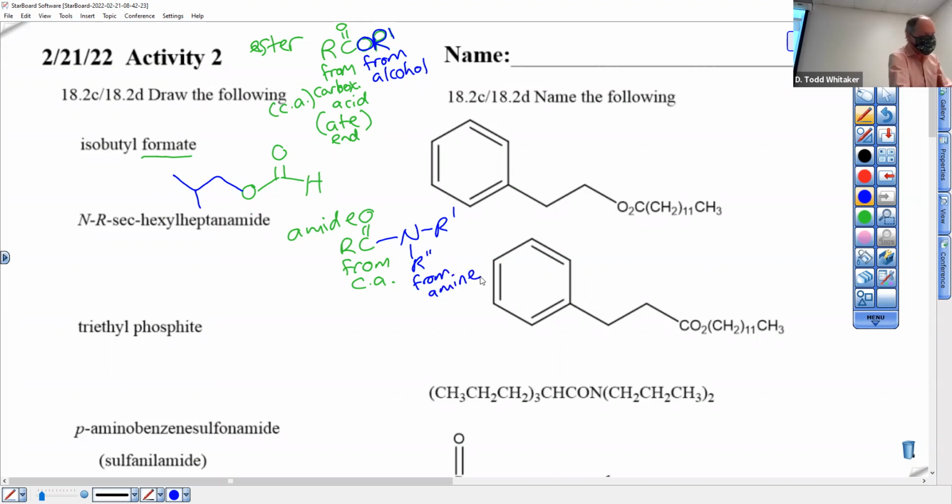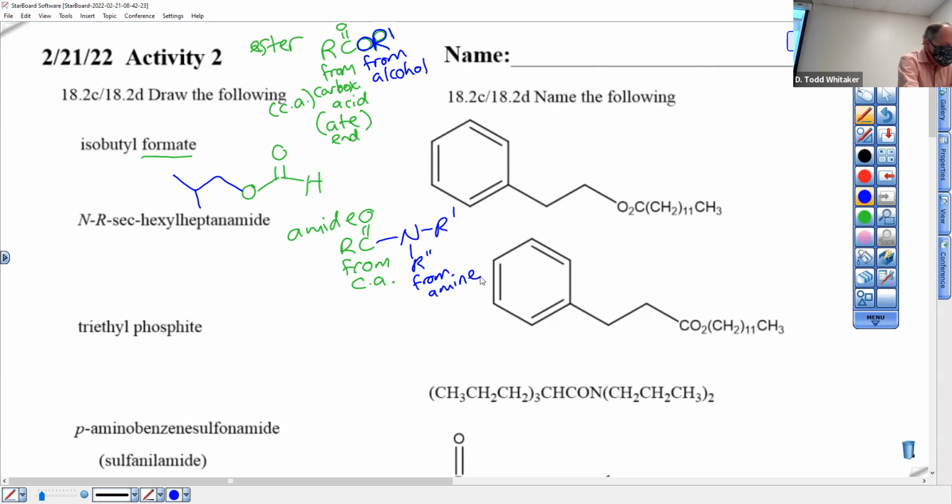And we don't know how to name amines, but we don't have to. If there's a group on nitrogen, you just tell me there's a group on the nitrogen. Look at the example: it says on the nitrogen, there is an R-sec-hexyl group. Yes, that's what the italic N means, attached to nitrogen. That's nice. Okay, beautiful. Let's go with it.